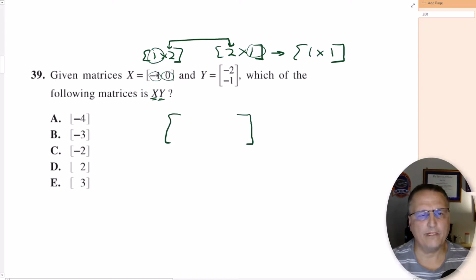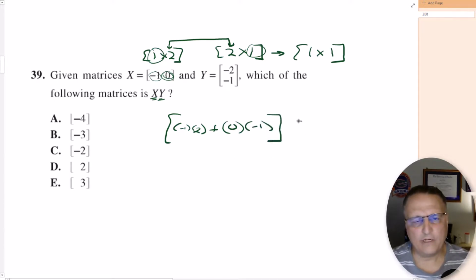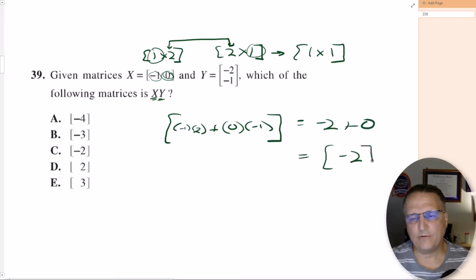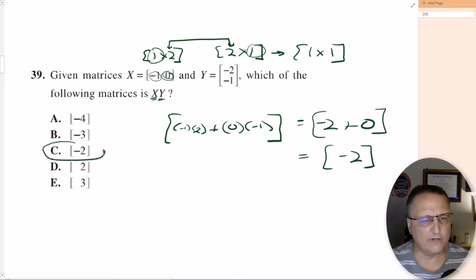I'm going to take this -1 times -2, and I would add that to the product of the 0 and the -1. And this becomes -2 plus 0, or it gives me -2. That is my matrix, and there is my answer, C.